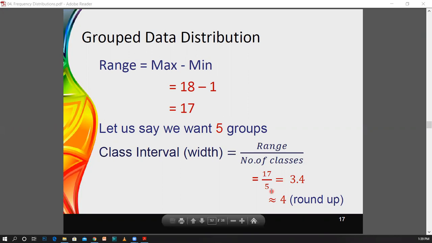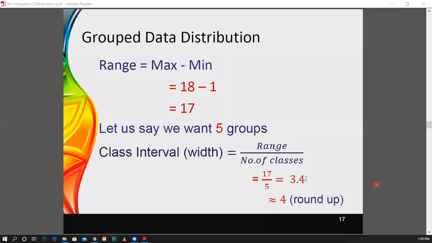Therefore, once we take the ratio between this range and the number of classes, we get a value of 3.4.